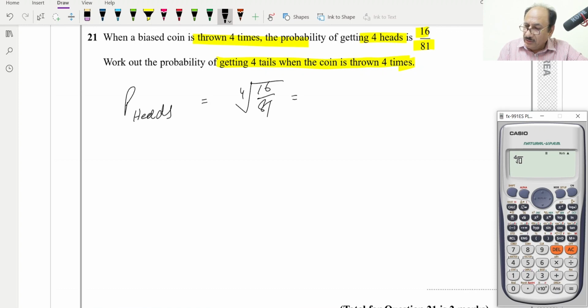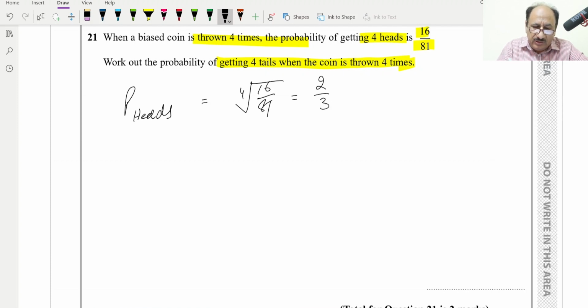So 4, and this will be a fraction, 16 over 81, and this simplifies to 2 over 3. So 2 over 3 is the probability for getting heads, and probability of tails will be what? Probability of tails will be equal to 1 minus 2 by 3, which is the remaining probability. So it will be 1 by 3.